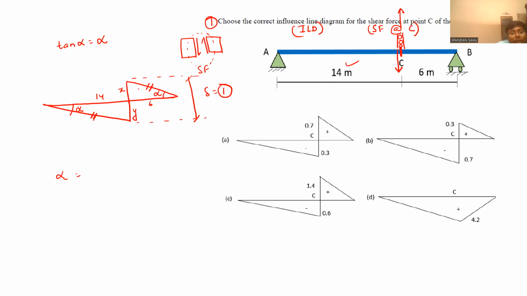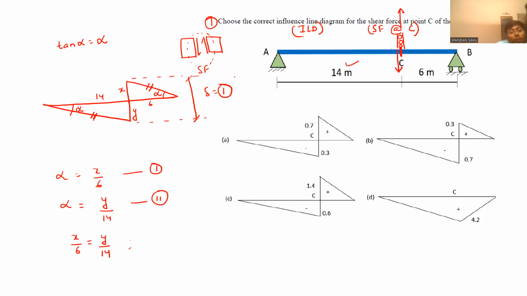So alpha for the first one will be x by 6. Similarly, for the bottom triangle, it will be y by 14. But alpha is the same, so you can equate x by 6 equal to y by 14.